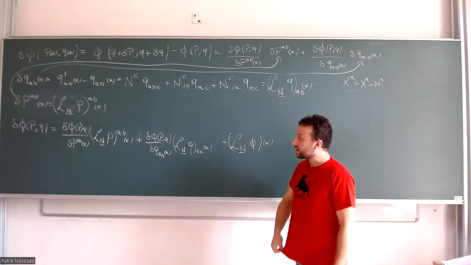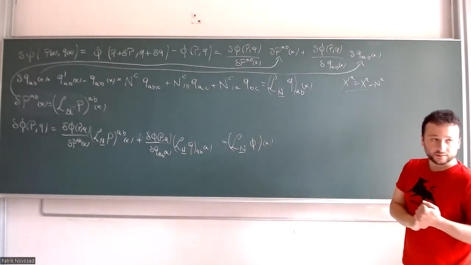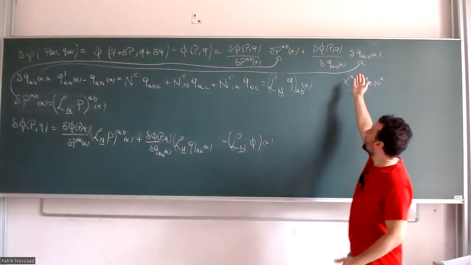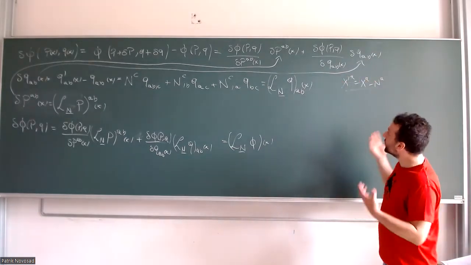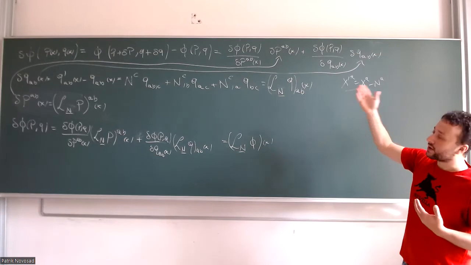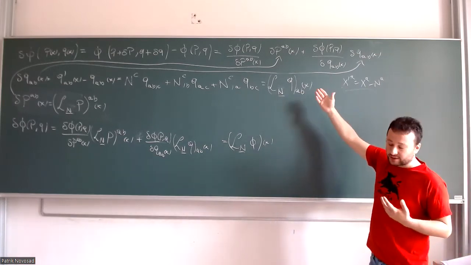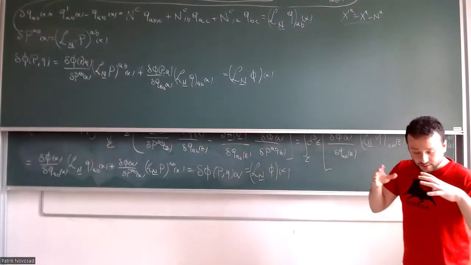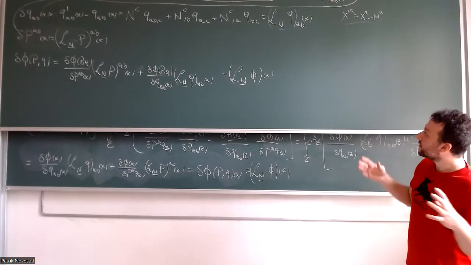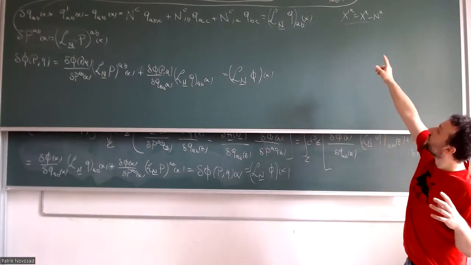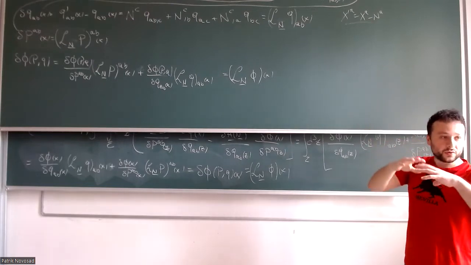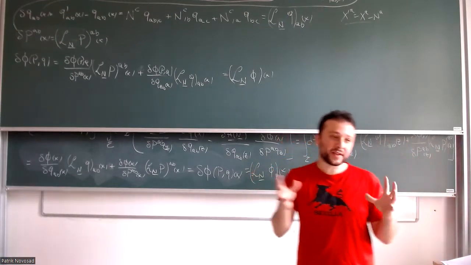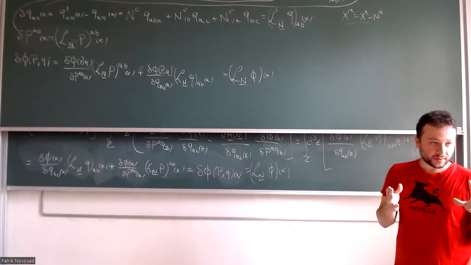That's exactly the point, because when we compute the variation of the metric tensor and its conjugate with respect to the change of coordinates that I set to be x prime, x^a minus n^a, we are actually changing coordinates, a passive diffeomorphism.